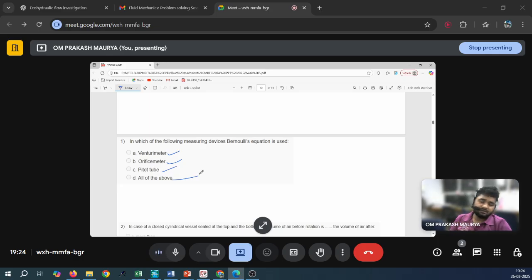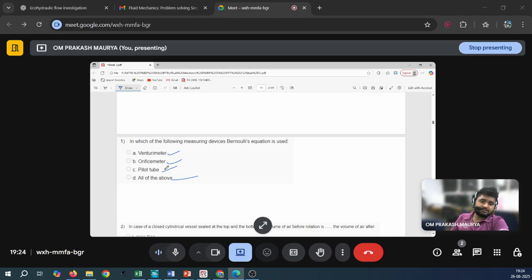So the meaning is, in which instrument do we calculate... basically, the question is asking about the application of Bernoulli's equation. So whether we use it in the Venturi meter, orifice meter, Pitot tube, or all of them.